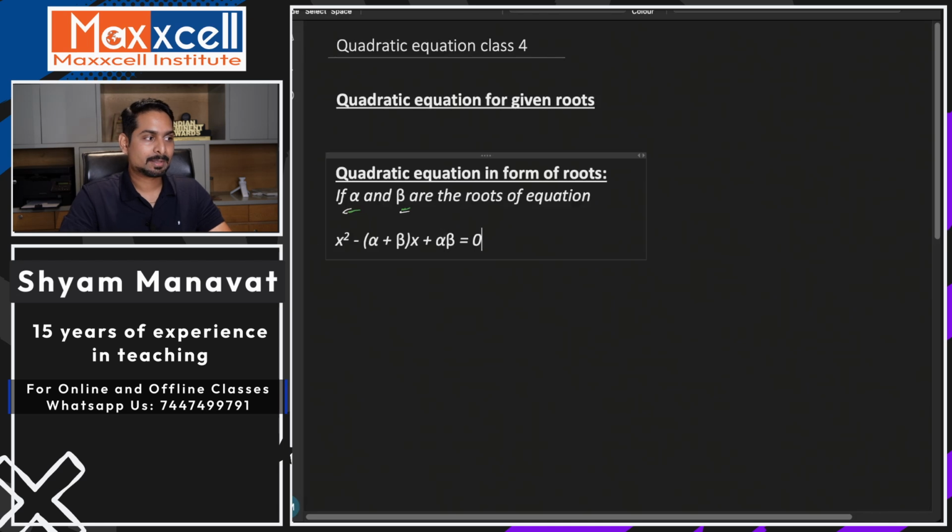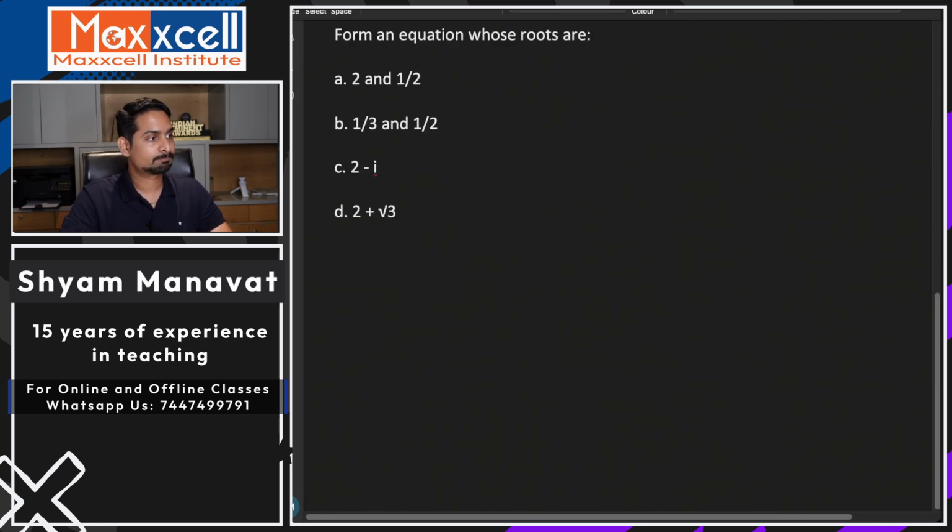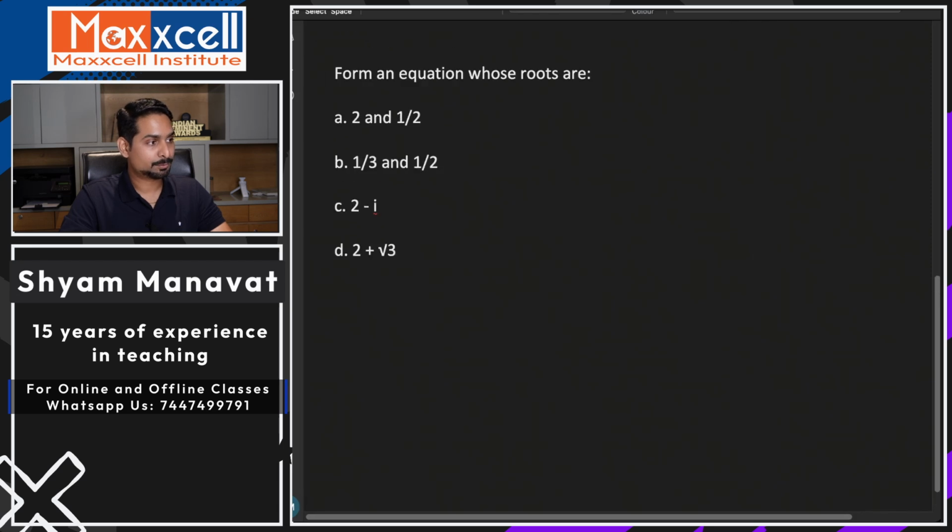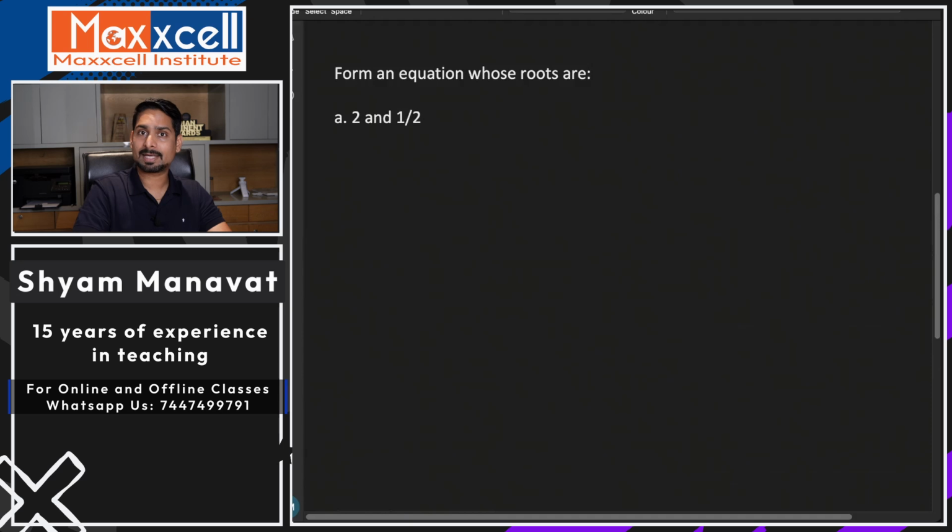That is the quadratic equation in the form of roots. So if the roots are given to you, then you can form the quadratic equation with the help of that.